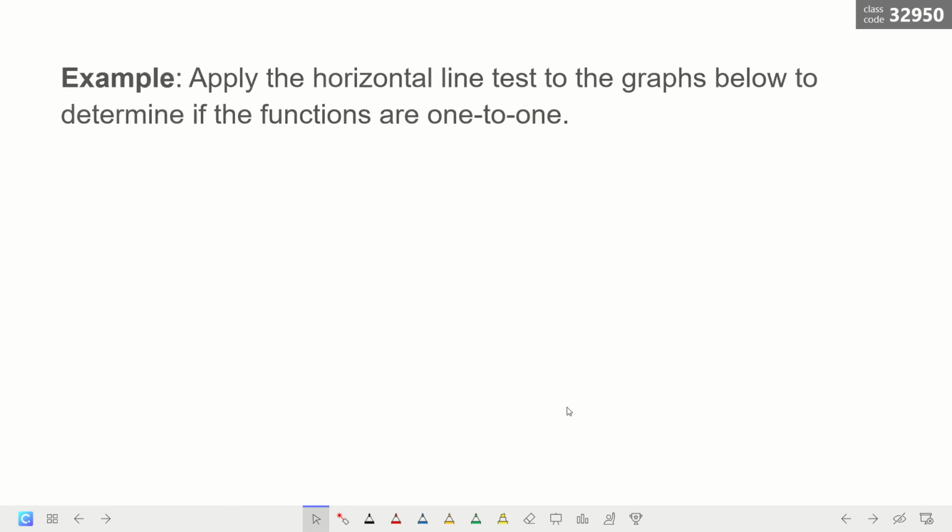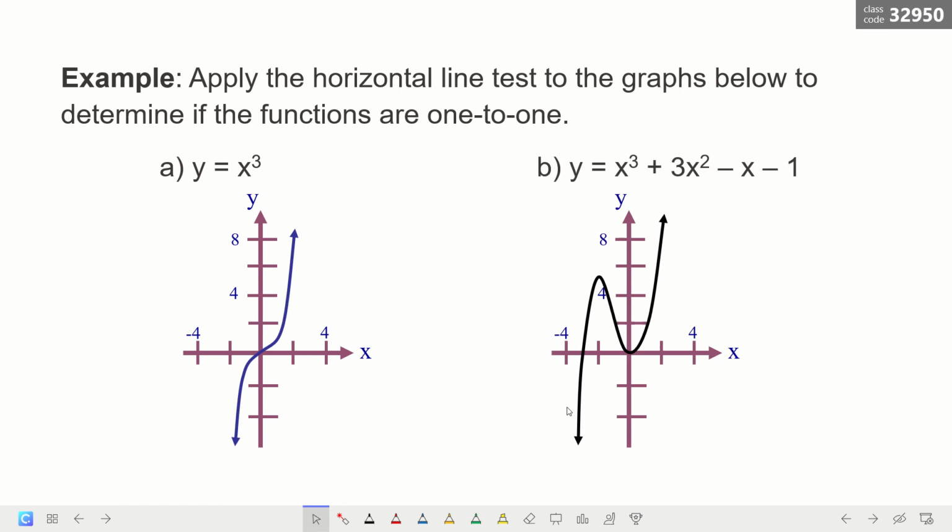So, let's have another example. Here we have y is equal to x cubed, and y is equal to x cubed plus 3x squared minus x minus 1. So which of these is a function, and which is not? A is a one-to-one function and B is not a one-to-one function.